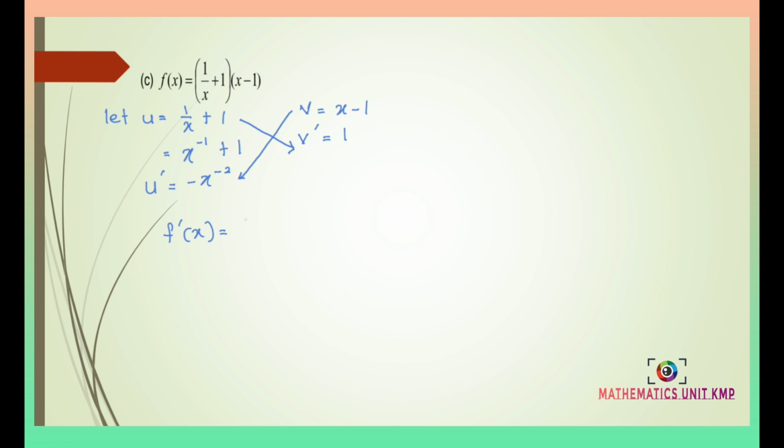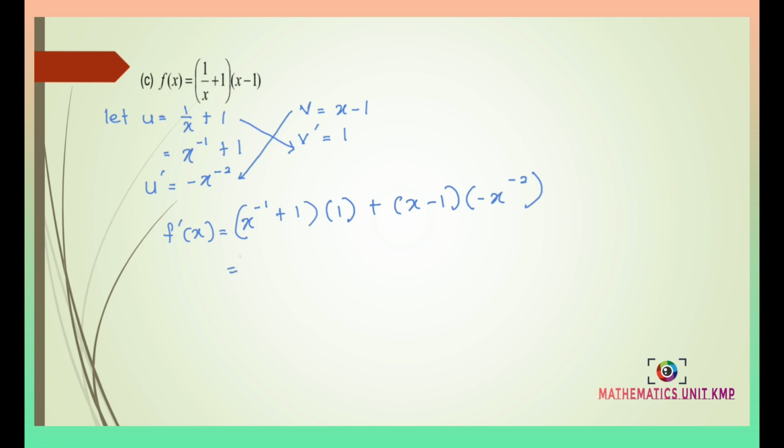Here we have u is 1 over x plus 1, I write x power negative 1 plus 1 times 1 plus v, (x minus 1), times negative x power negative 2.